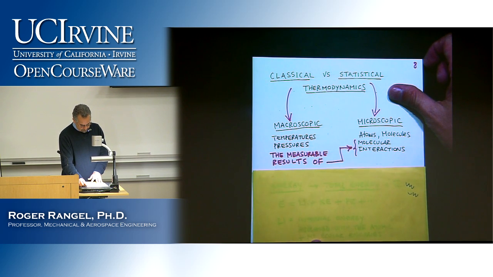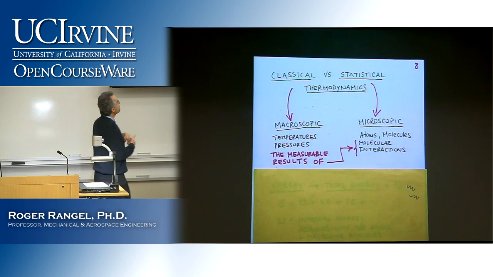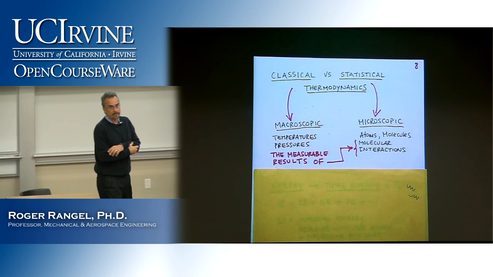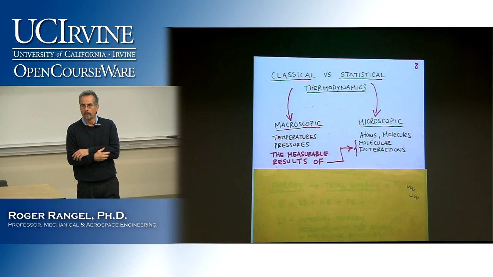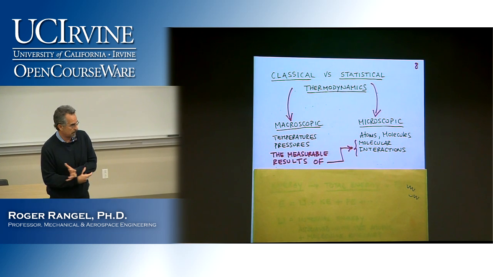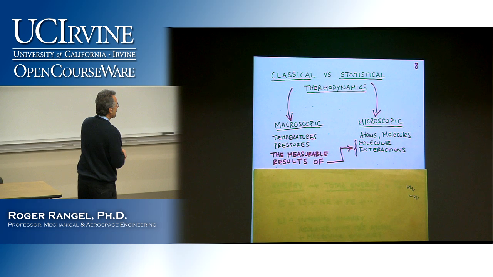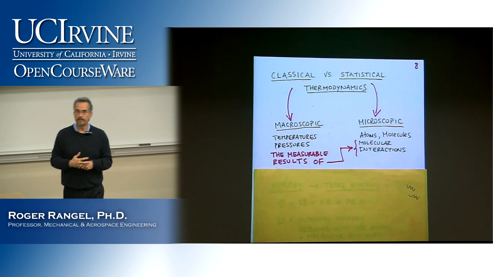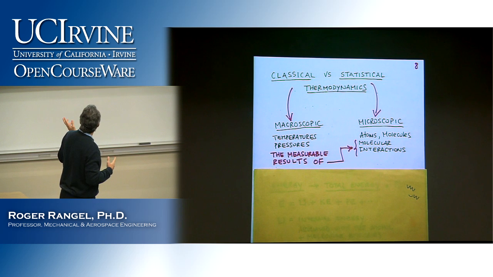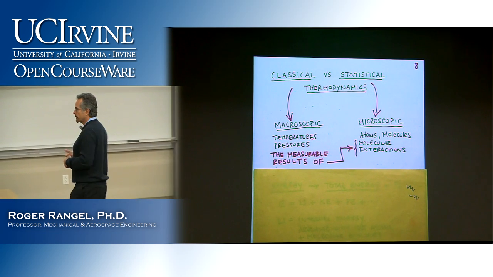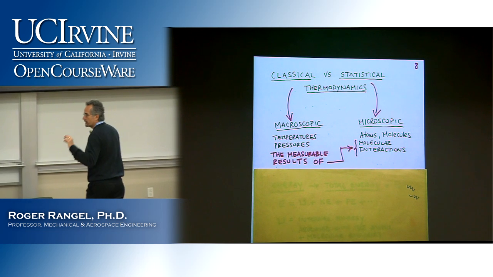So this is a very simple distinction, but it's one that I hope will be obvious to you. So in the macroscopic approach to thermodynamics, we are measuring and working with quantities or properties such as temperatures and pressures.